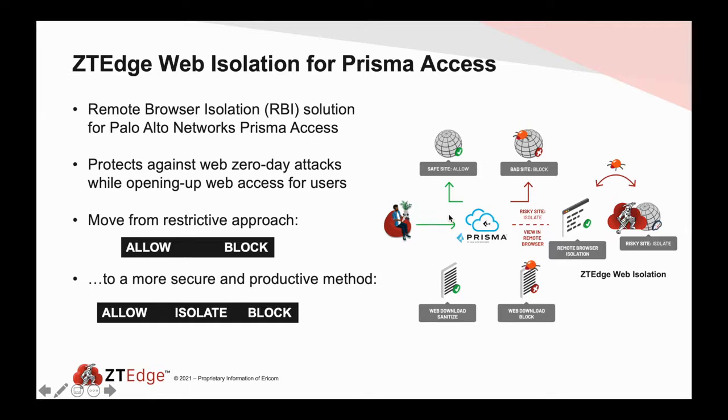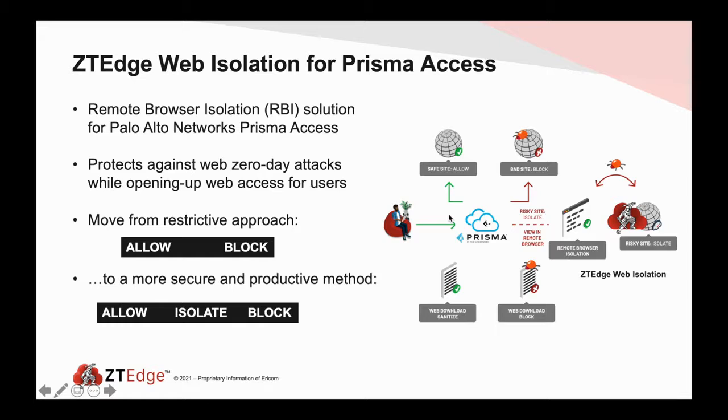Overblocking creates internal problems with users being less productive because they cannot get to websites. Underblocking leaves the organization exposed to malware or zero-day attacks. By integrating Zero Trust Edge web isolation with Prisma Access, we actually create a very powerful third option.